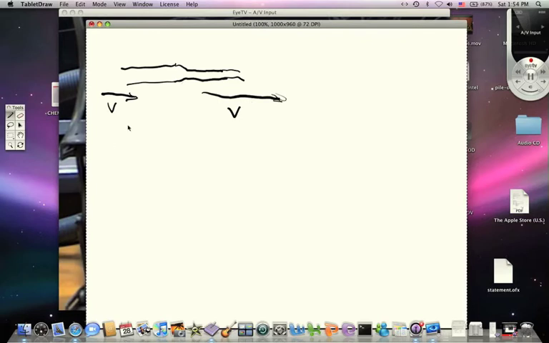In Bernoulli's equation, you have P plus 1/2 rho v squared plus the potential energy term on the left side, and the same on the right side.